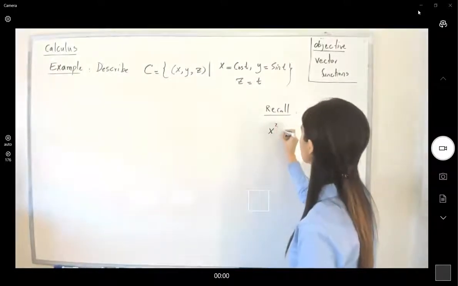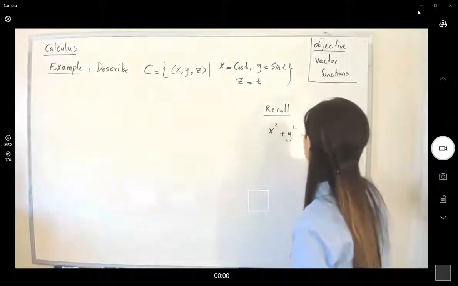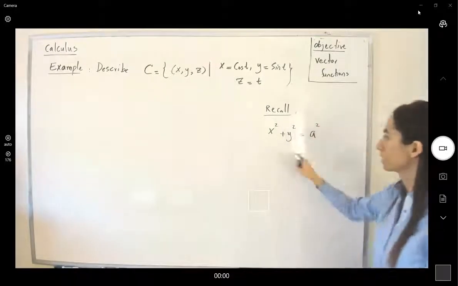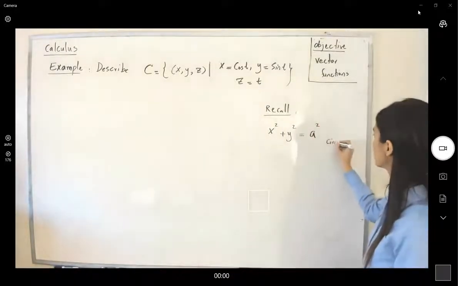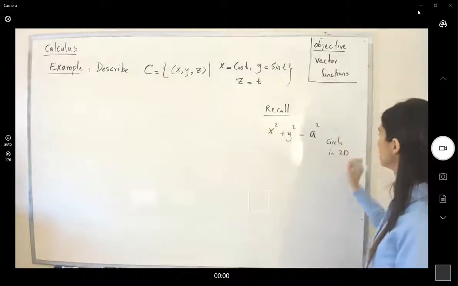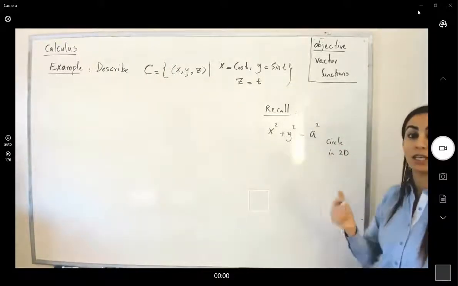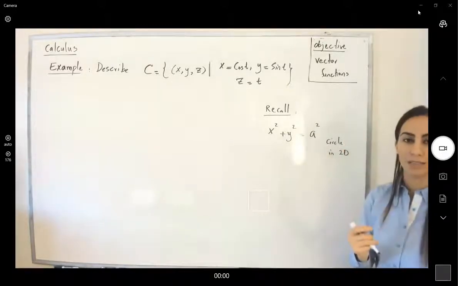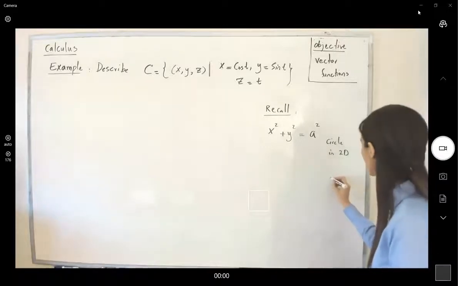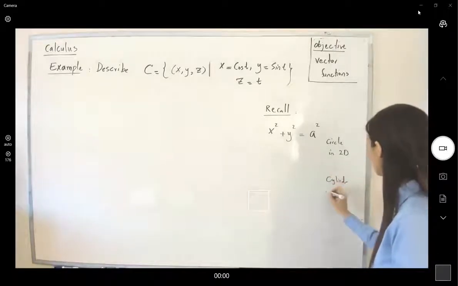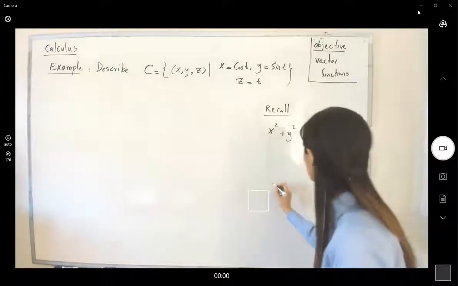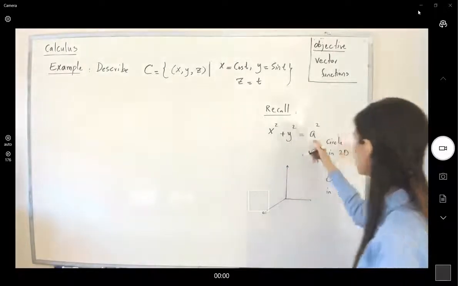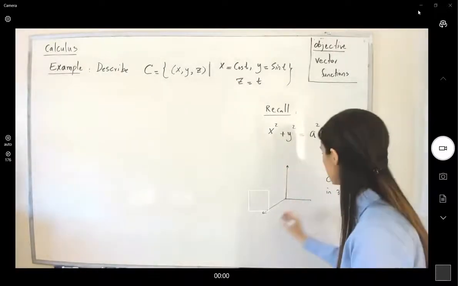So recall that when we have x squared plus y squared equals a squared, for example 1, we have the equation of a circle in 2D. But this equation in 3D is not a circle. This equation in 3D is a cylinder. So here you have x squared plus y squared equals a squared, and the center is at the origin.